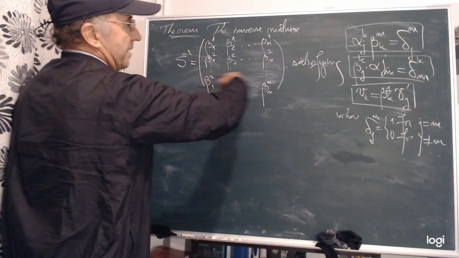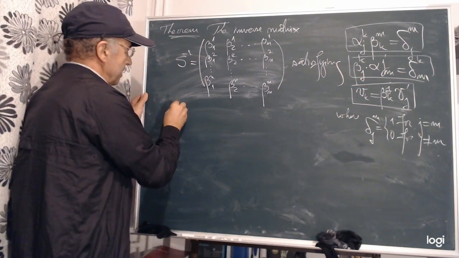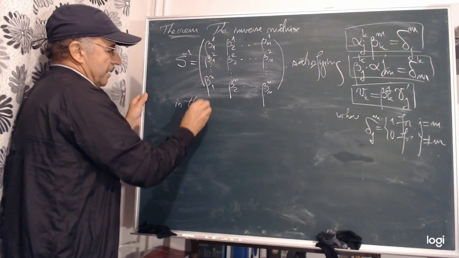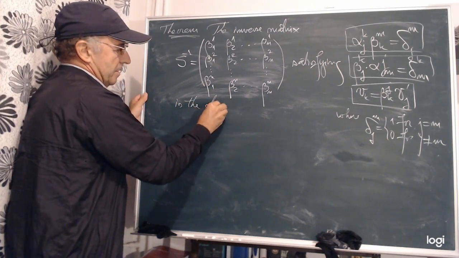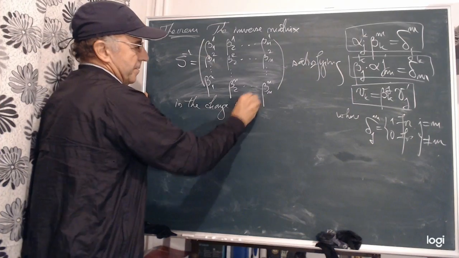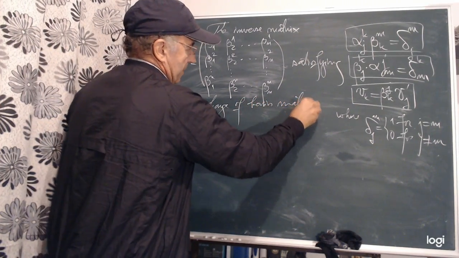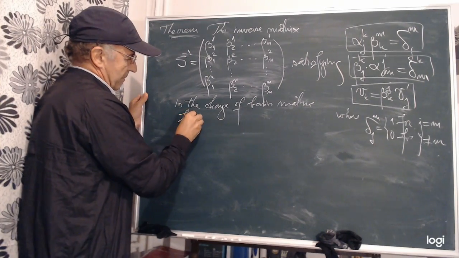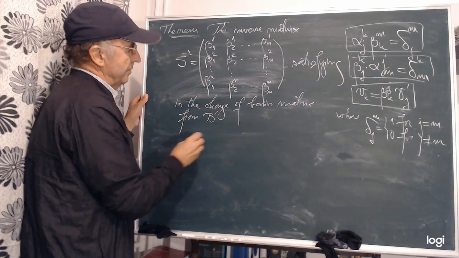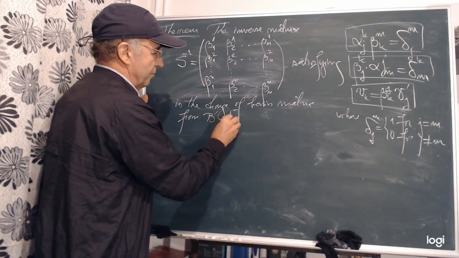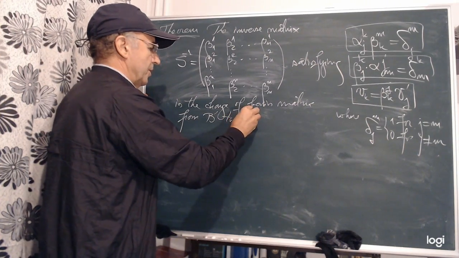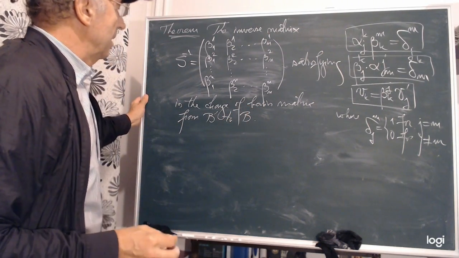The inverse matrix satisfying this relation is exactly the change of basis matrix from B prime, the new basis, to B. Proof.